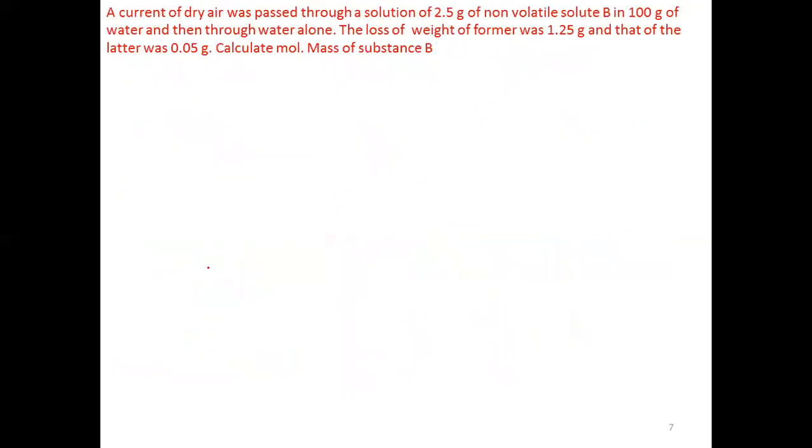The next numerical says a current of dry air was passed through a solution of 2.5 gram of non-volatile solute in 100 gram of water. So what we have: weight of solute WS, or we generally denote it by W2, but write WS, is equal to 2.5 gram.